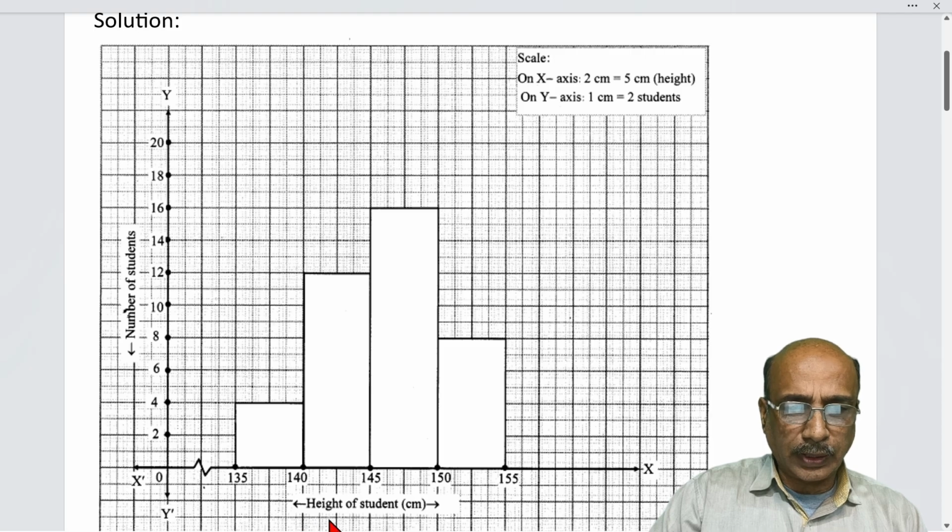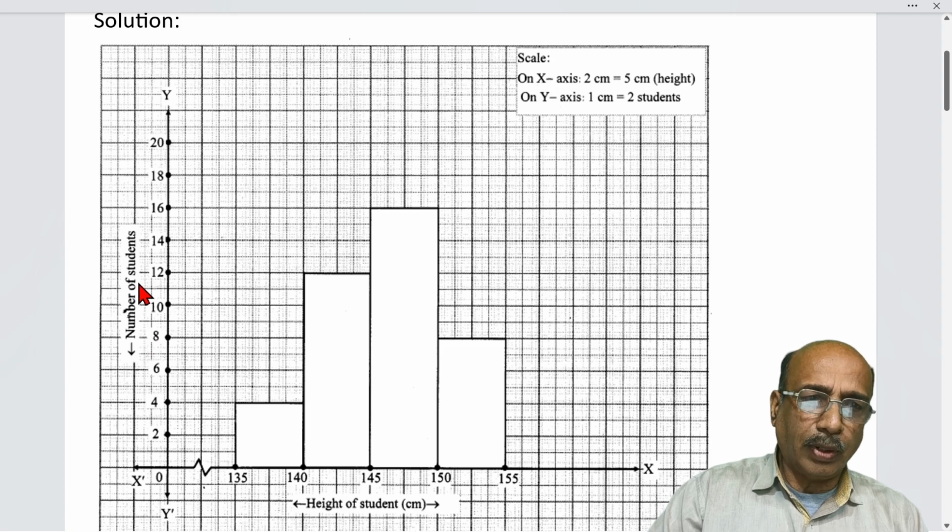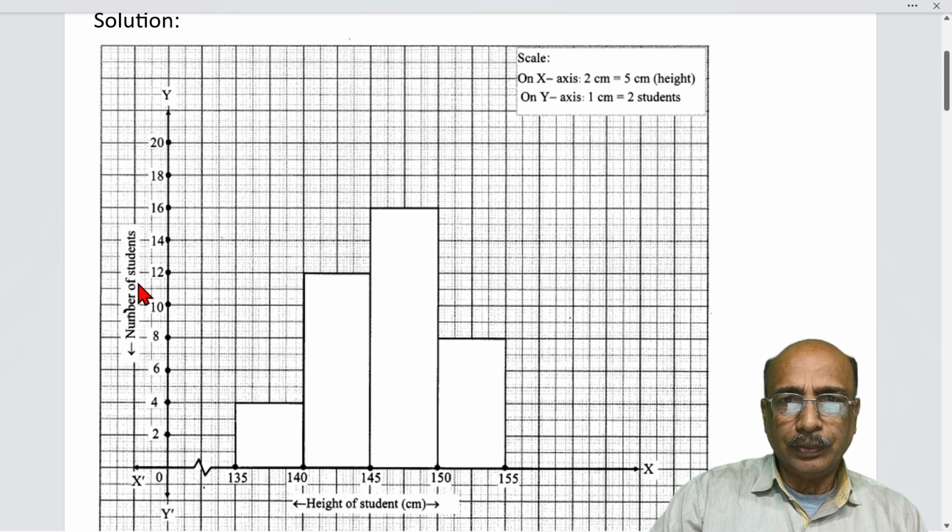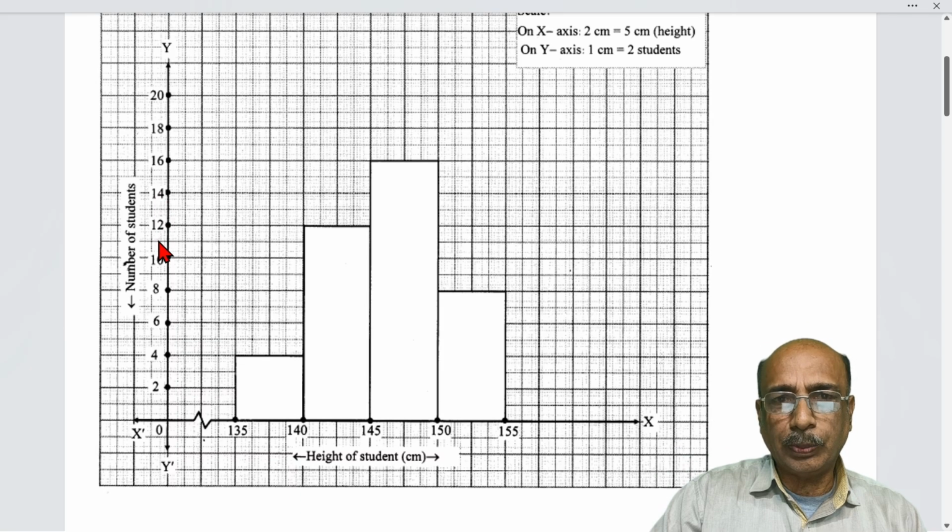On the x-axis, height of students in centimeters is taken, and on the y-axis, number of students. So like this you have to draw the histogram. Don't forget to write the scale, and don't forget to write what the x-axis and y-axis are for. So this is the solution of the first problem.